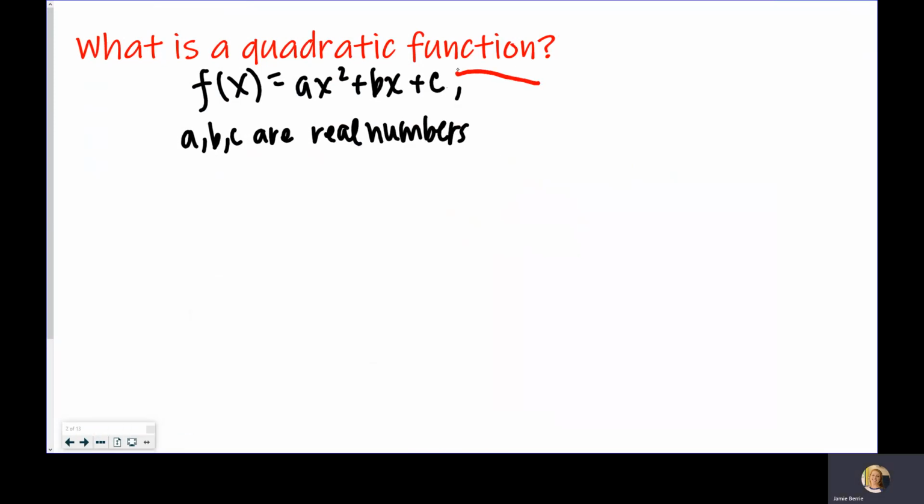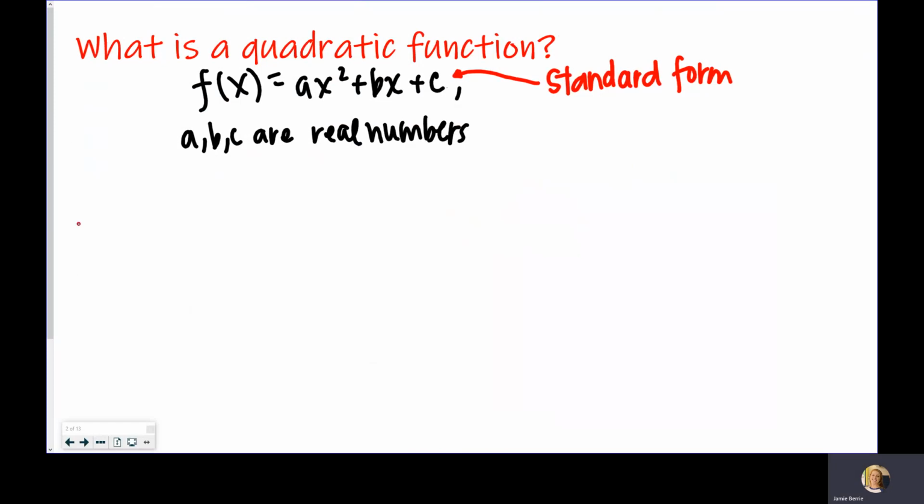The way that I've written this quadratic function here is called standard form. And standard form just refers to when we have everything multiplied out and we have all of our like terms combined.